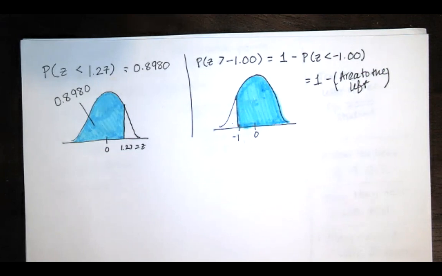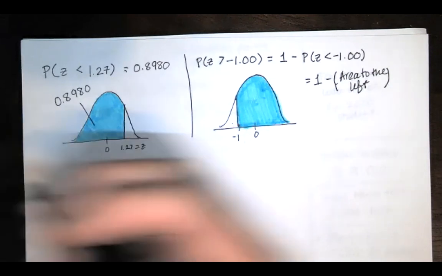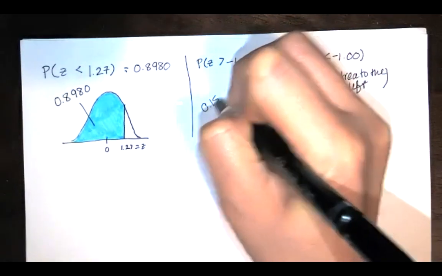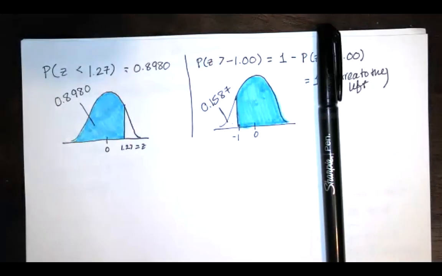According to this, the area to the left of -1.0 is 0.1587, sorry about that.